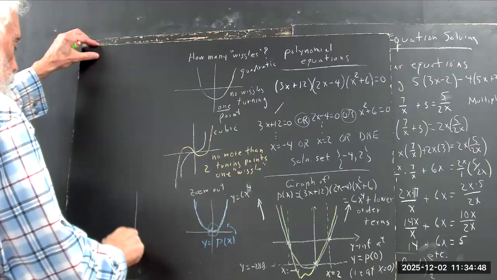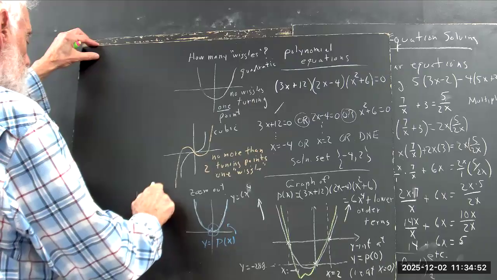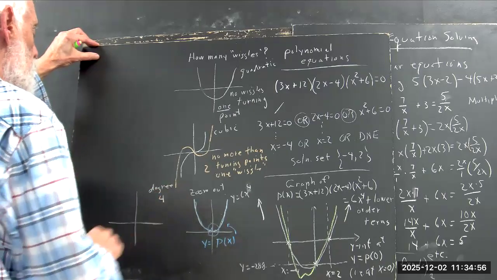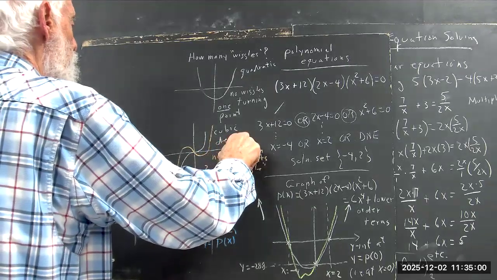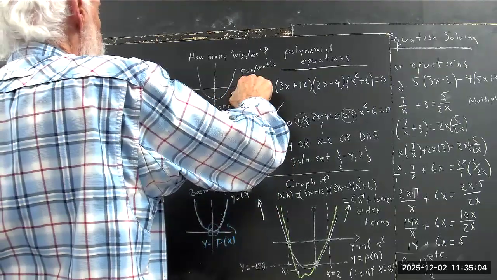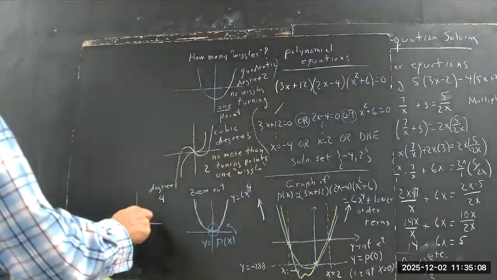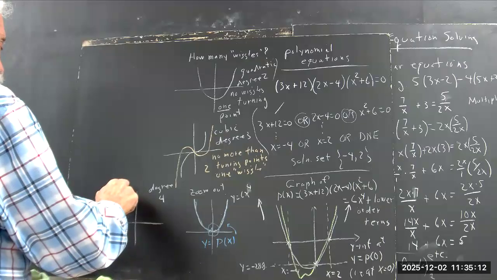I'll do it down here. Okay, this is degree 3. This is degree 2. Degree 4. Degree 4 can look like this.